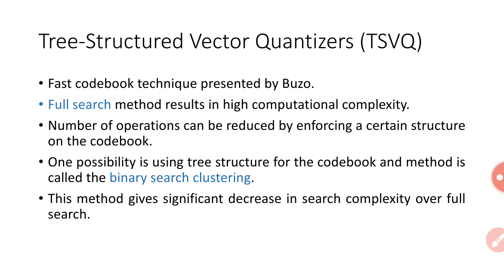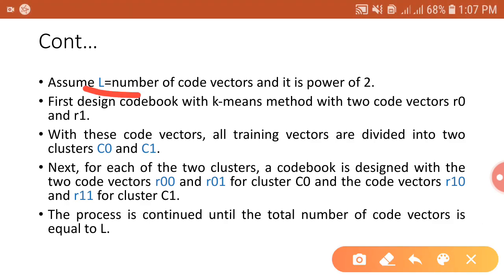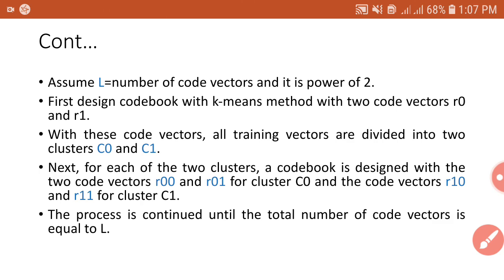The codebook will have a tree structure and the method is called binary search clustering. Now assume L is the number of code vectors and L is a power of 2. Here L indicates the number of code vectors that you require in your codebook.